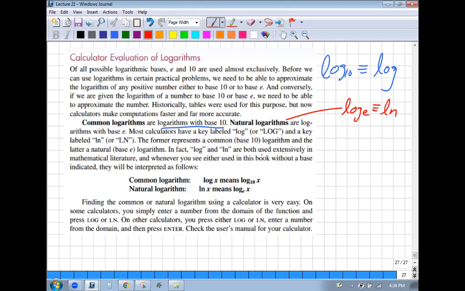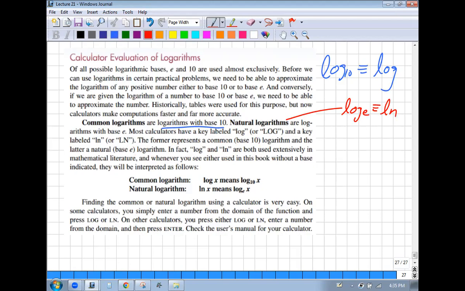See, they say most calculators have a key labeled log and a key labeled ln, right? So if it just says log, they probably mean base 10, and the ln means log base e. All right? But you have to be careful.